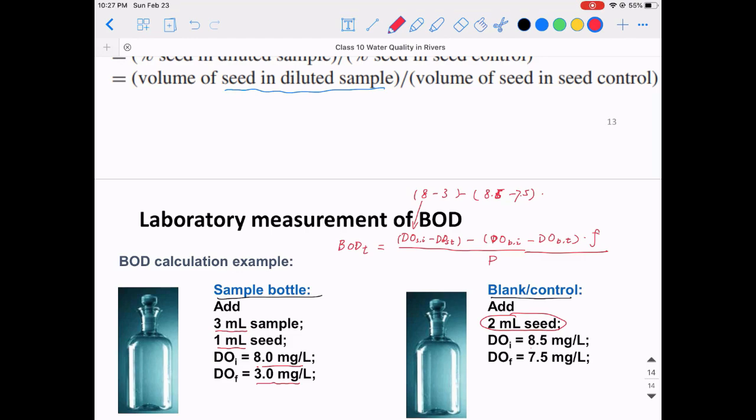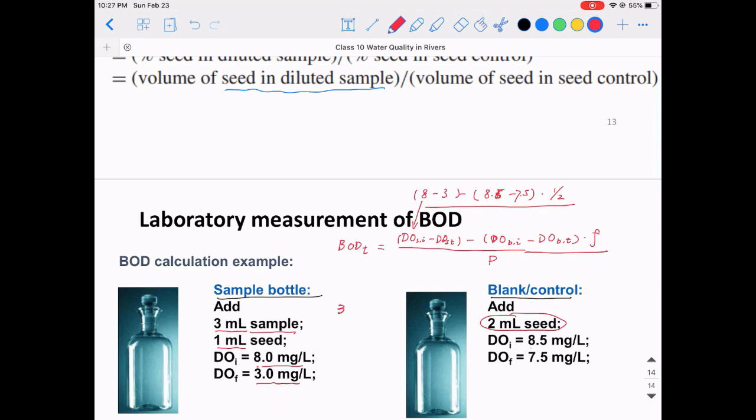So the F is calculated by the volume of the seed in the diluted sample divided by the volume of seed in the seed control. Volume of the seed in the diluted sample is 1, and volume of seed in the control is 2. So the F is equal to 1 over 2, right? And what is the P here? So the P is the dilution ratio, right?